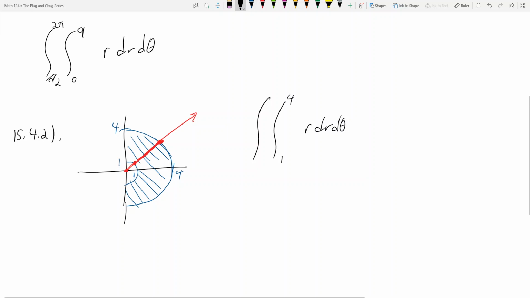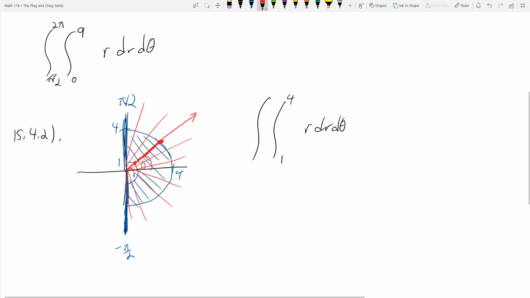And then let's look at d theta. Well, for theta, we start here, in the negative y-axis direction. You can say this is 3 pi over 2, but it's probably better to say this is negative pi over 2 because you want to end up here, which is positive pi over 2, right? Because if we draw rays through our region, the ray sweeps all those angles.